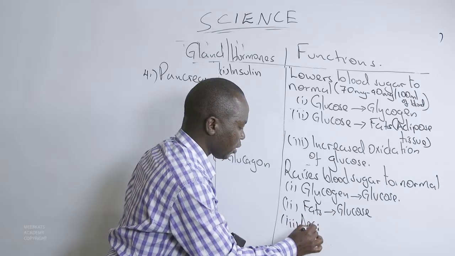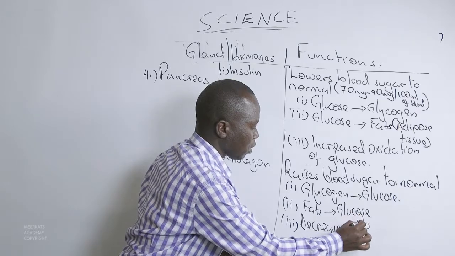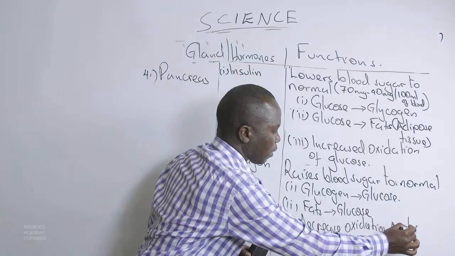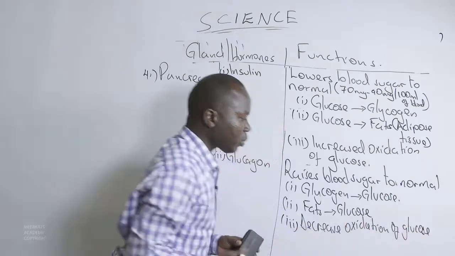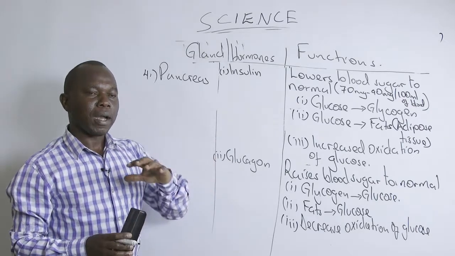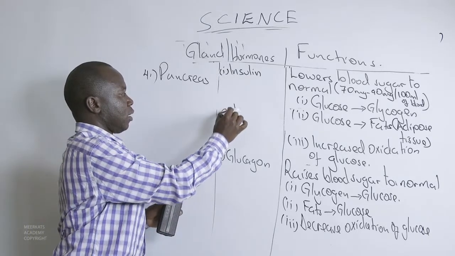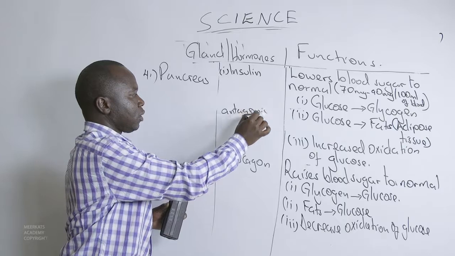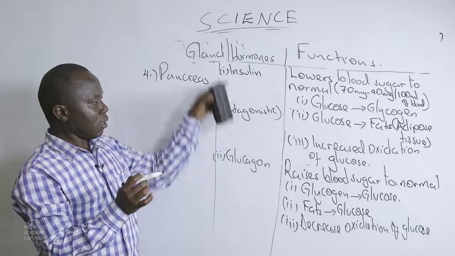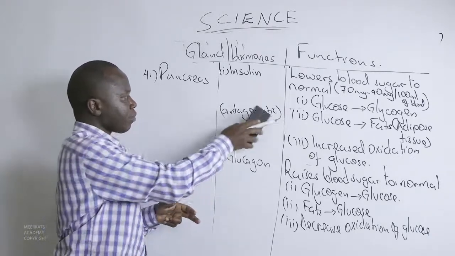It will cause liver cells to decrease oxidation of glucose. So in this way you can see that glucagon is acting in an antagonistic manner to insulin. It is an antagonist to insulin, and the two are always acting in the opposite direction.